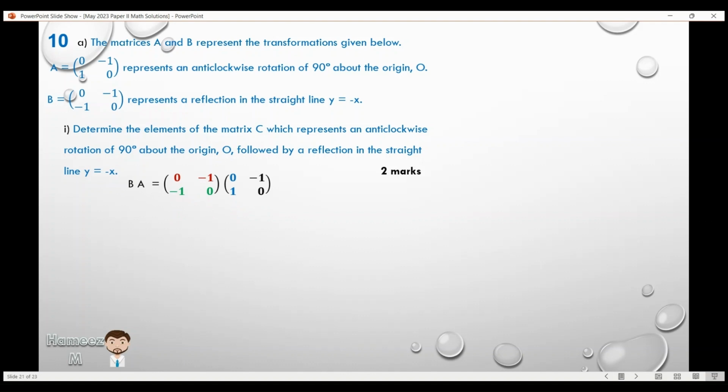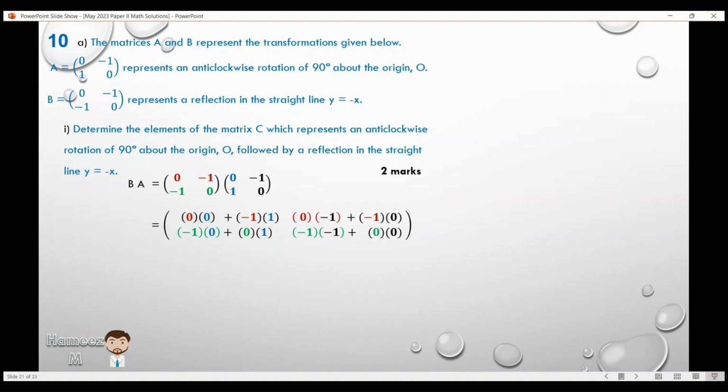So the rows are red and green, and the columns in the second matrix are blue and black. So the first row multiplied by the first column will be red times blue plus red times blue. So it'll be 0 times 0 plus minus 1 times 1. And then for the second element, it'll be the red row by the second column, which is the black column.